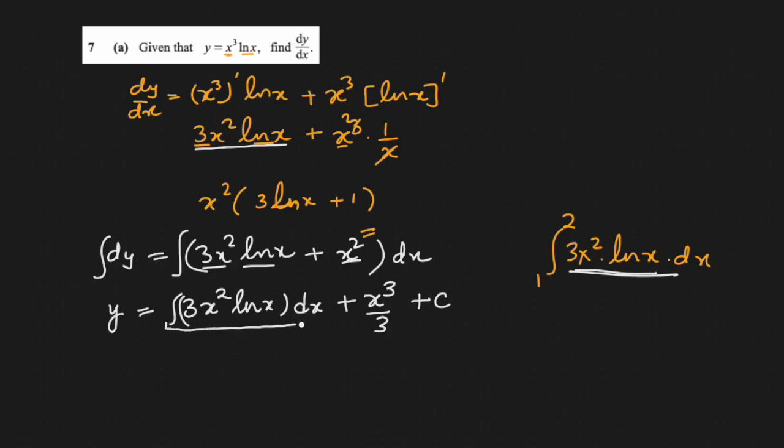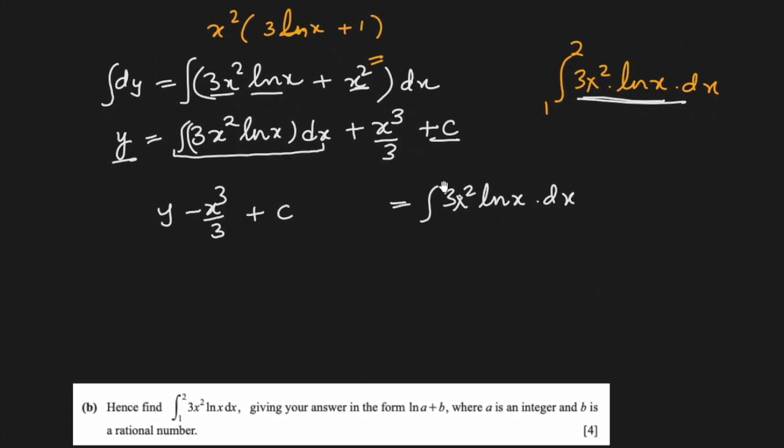So this is the integration left. We will keep it on this side. So the integral of 3x square natural log x dx is equal to y minus x cube over 3. This one goes there, becomes negative, and minus c, you can write plus c also, doesn't matter because a constant is a constant.